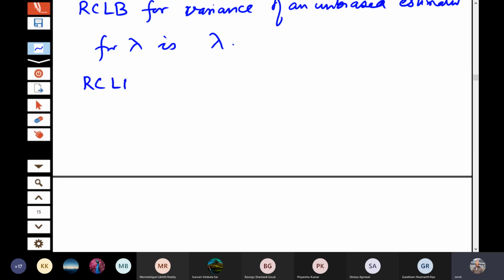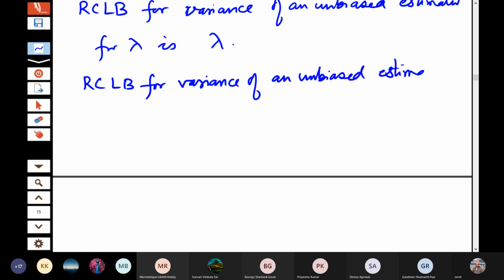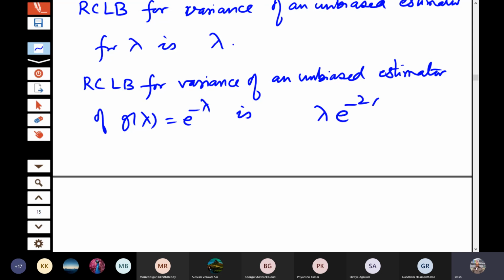So CRLB for variance of an unbiased estimator of g lambda, that is e to the power minus lambda, is lambda e to the power minus 2 lambda.